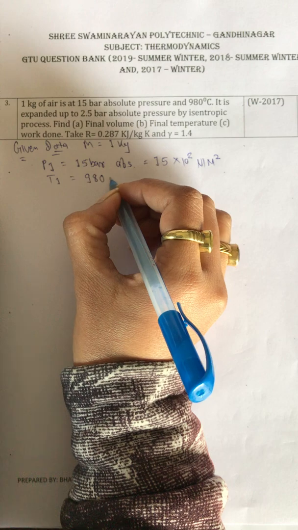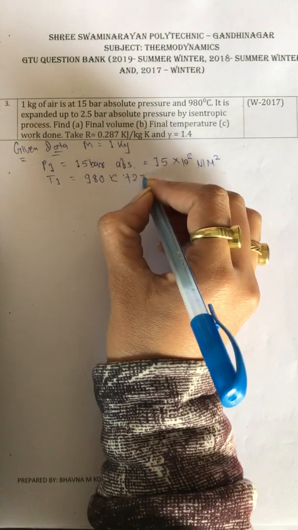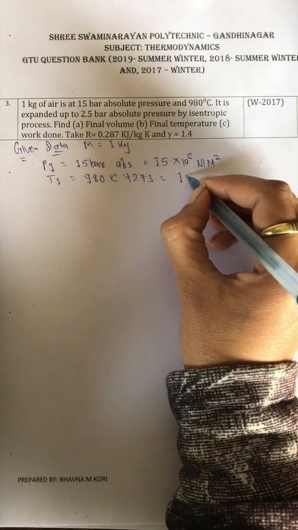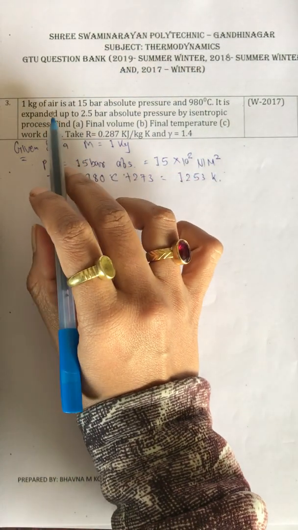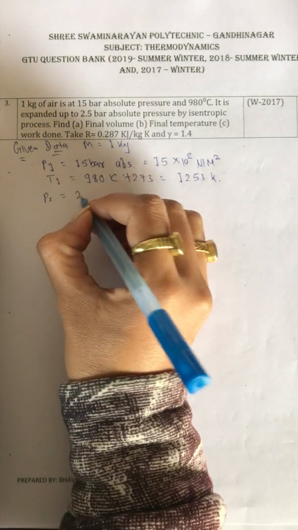Also convert this value into Kelvin by adding 273. So you will find the temperature 980 plus 273, the value is 1253 Kelvin. Then the final pressure is given, that is P2, 2.5 bar.